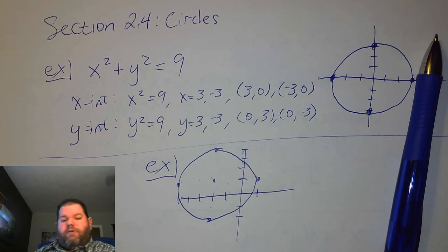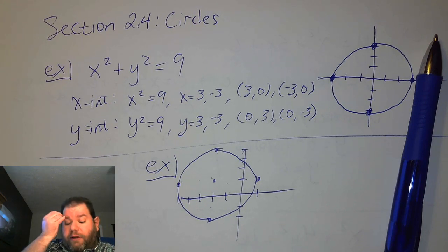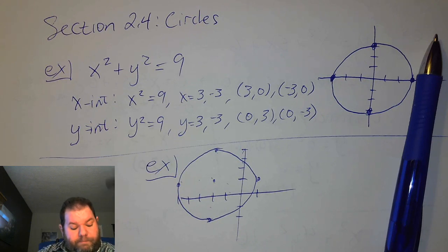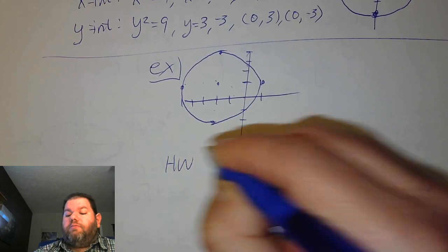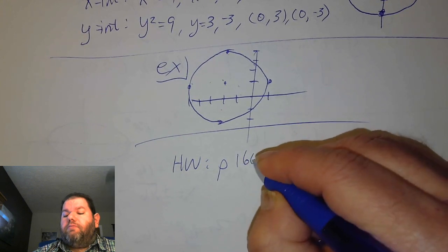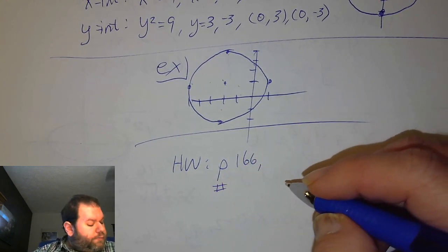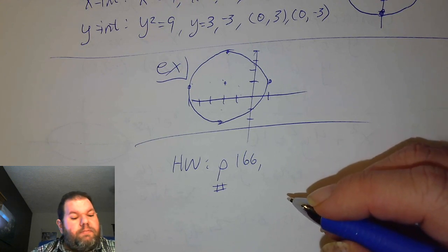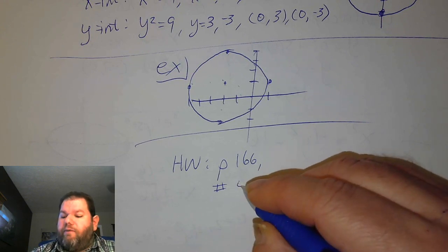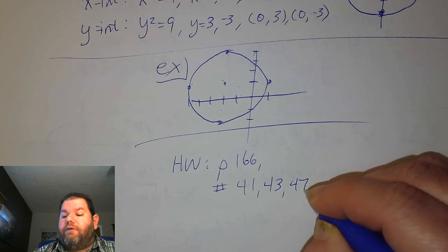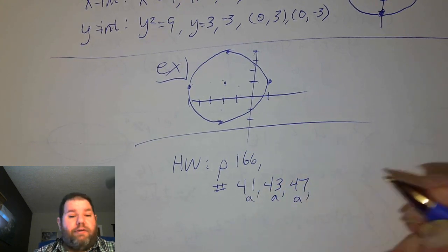Alright, let me just pick out some problems from section 2.2 for us to look at today. And again, I only want us to find intercepts, so don't worry about finding symmetry or anything else that these problems ask. So on page 166, go ahead and look at numbers 41, 43, 47, and if we want to be specific, just part A on those problems.